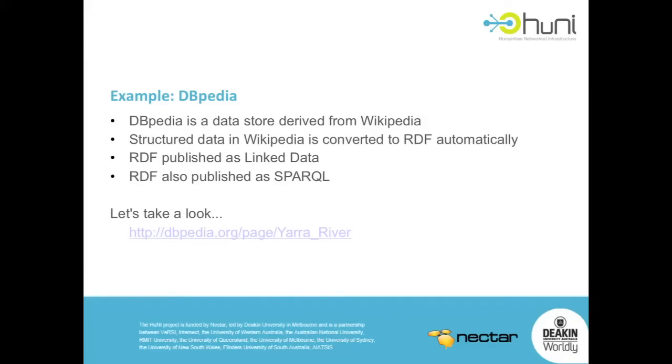Okay, so I'm going to give you an example with some data from Wikipedia. At the end of our Honey project, of course, we'll have a huge linked open data set based on Australian humanities data, but for now I'm using Wikipedia for this little example. I'm going to show you DBpedia, which is a linked open data source derived automatically from the articles in Wikipedia.